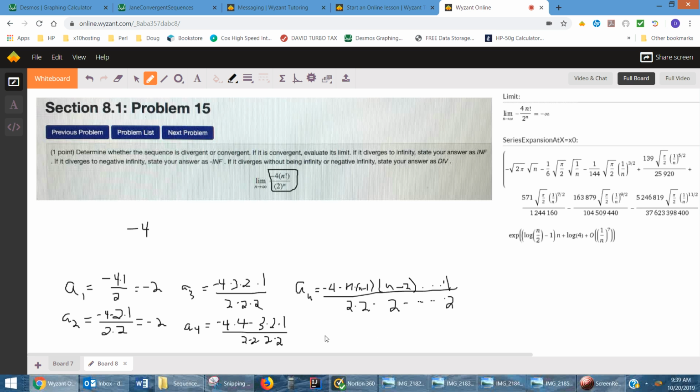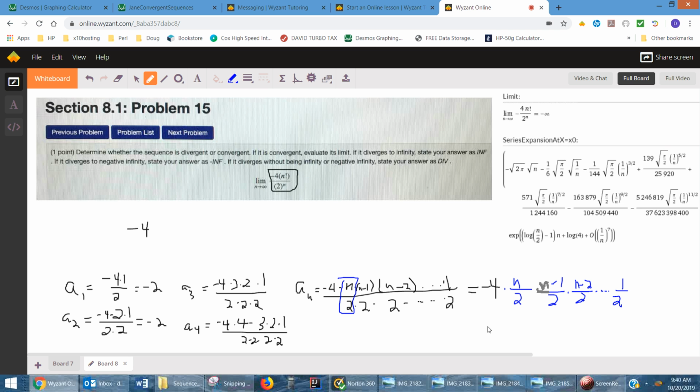Okay, so when I write a sub n this way, what is the limit of this expression as n approaches infinity? Well, I've really got this negative 4 sitting out front. Then I could picture this as n over 2, n minus 1 over 2, n minus 2 over 2, dot, dot, dot, until I get to 1/2.